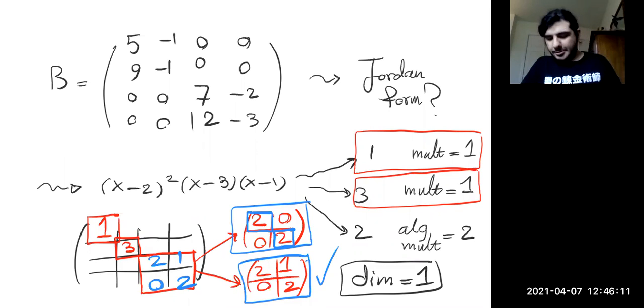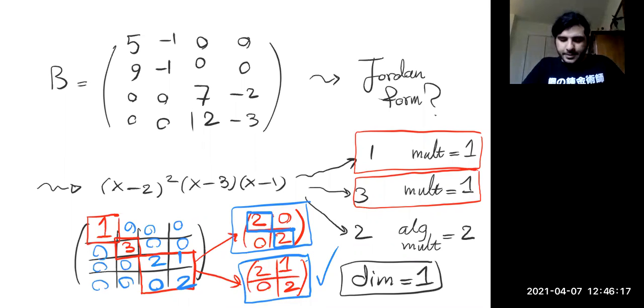And the other entries are equal to 0. So that's it for Jordan blocks. I recommend you solve some problems yourself to figure out how you can find them. And I think the process is kind of clear. We find the eigenvalues, and we just write down the simple ones, the eigenvalues with multiplicity equal to 1.